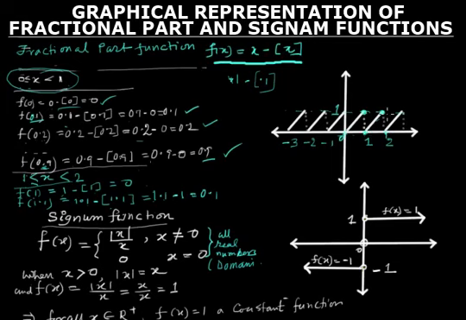So from 1 to 2, again it behaves the same way. f(1) is 0, and f(1.1) is 1.1 minus 1, that is 0.1. Similarly, f(1.2) is 0.2, and f(1.3) will be 0.3.